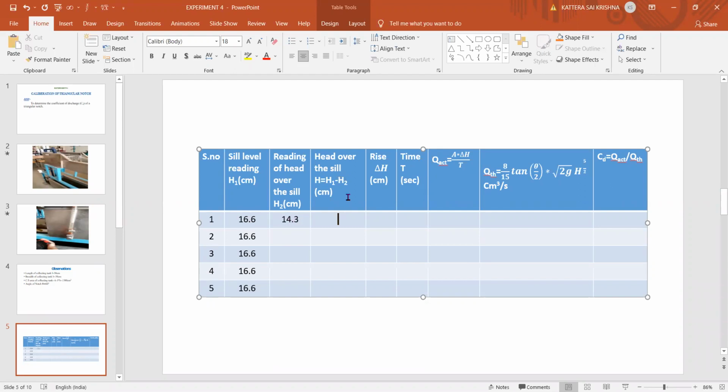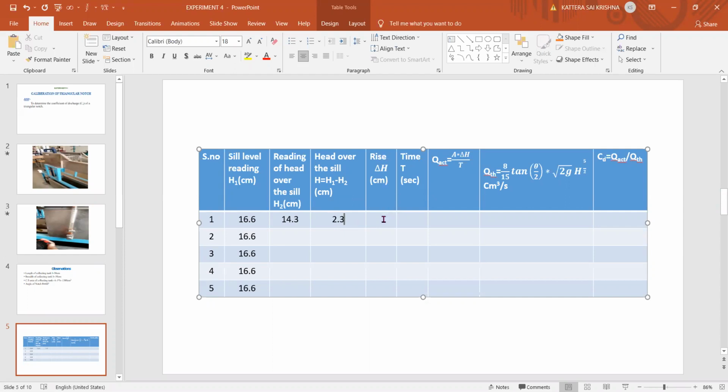The difference is the head over the sill, the height of water above the sill level, in centimeters. So 16.6 minus 14.3 is 2.3 centimeter. The first reading gives head over the sill level as 2.3 centimeters.